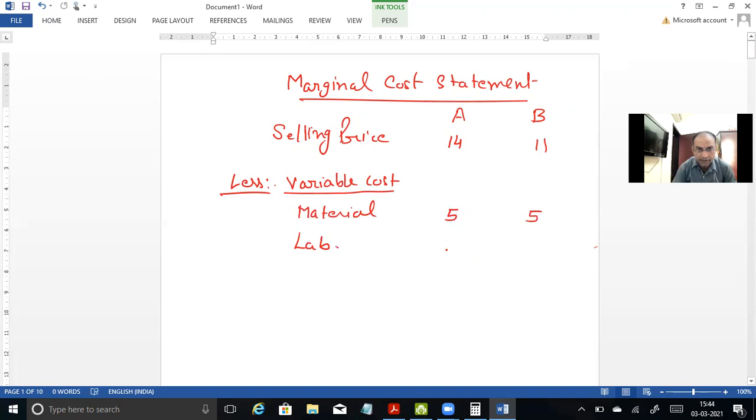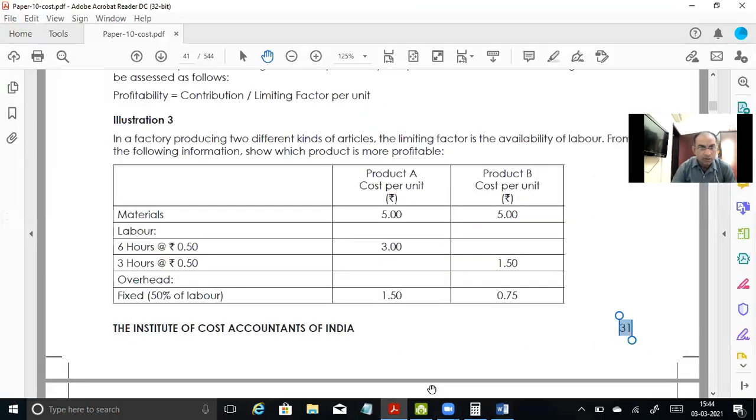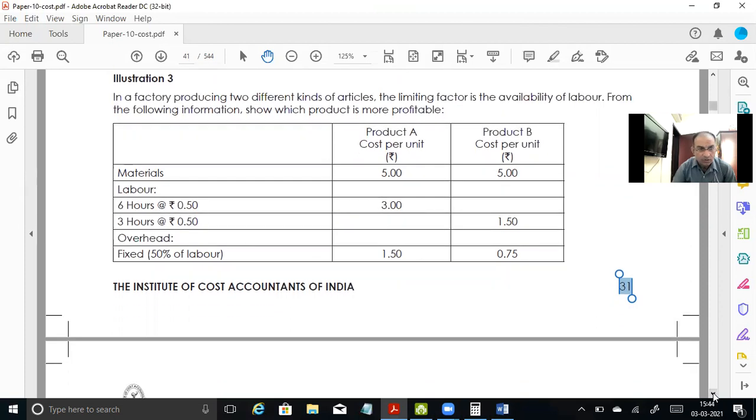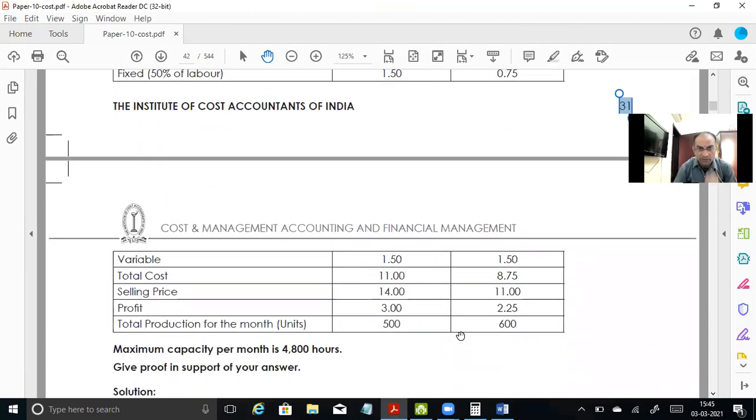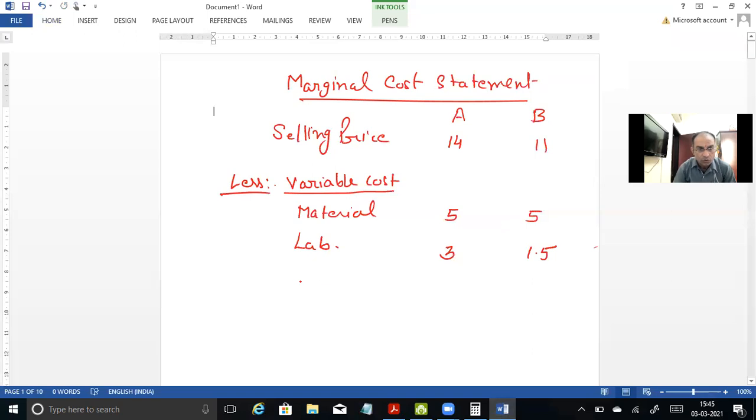Labor here in the case of A, it is 3, and here it is 1.5. Okay, labor is 1.5. Fixed overhead we don't consider for calculating the contribution. Now moving to the variable overhead, it is 1.5 each. So variable overheads are given 1.5 here, 1.5 here.